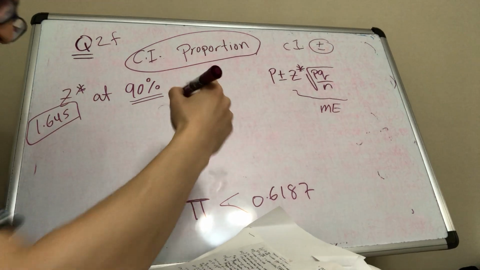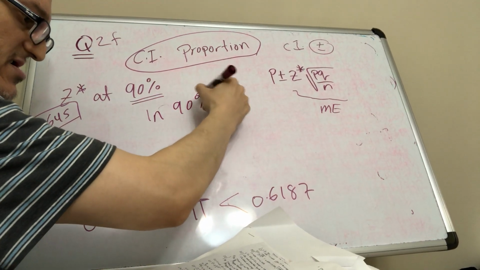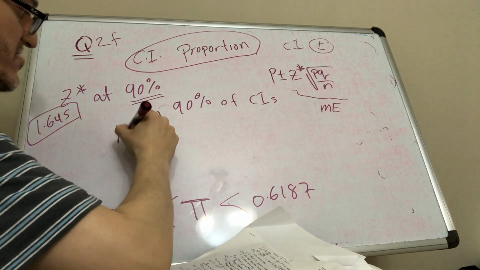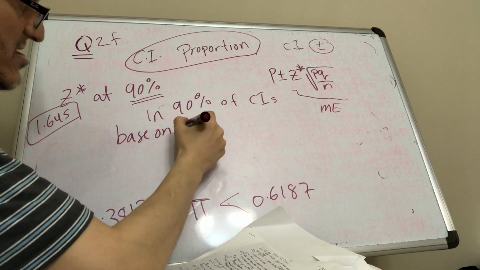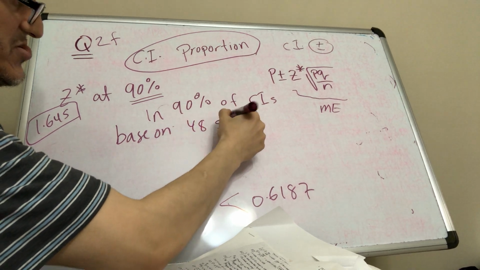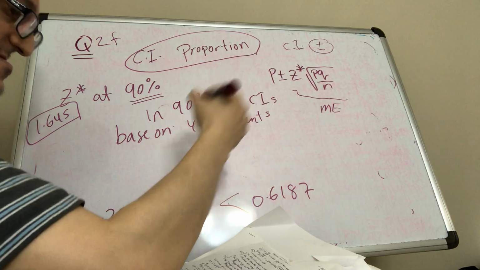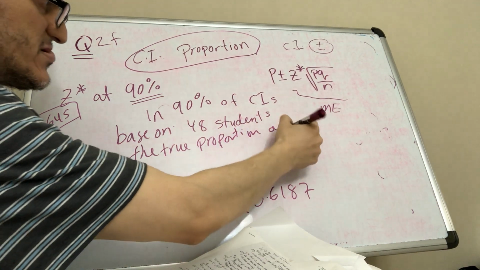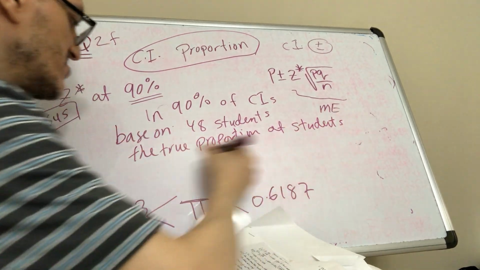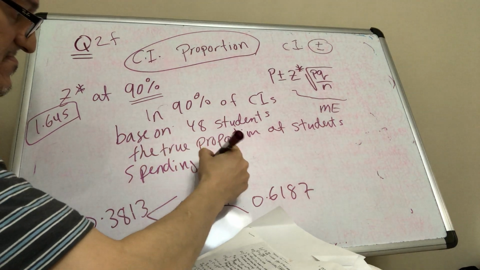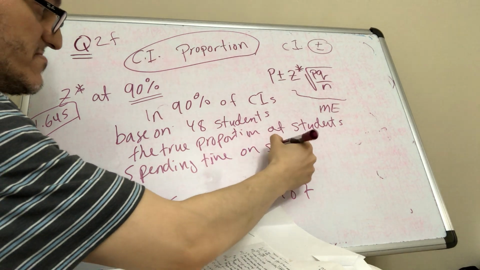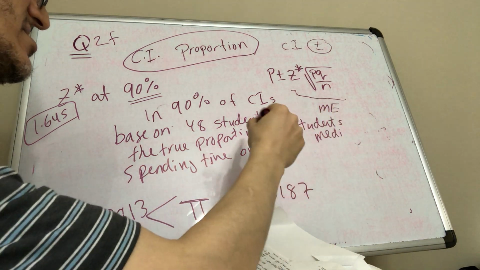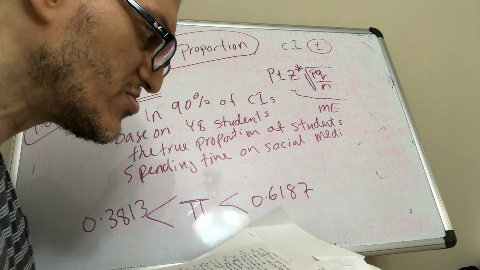Since you're 90%, you say in 90% of confidence intervals based on 48 students, that's the sample, the true proportion of students spending time on social media, it's the question, it's the proportion of who spend more than 25 hours.